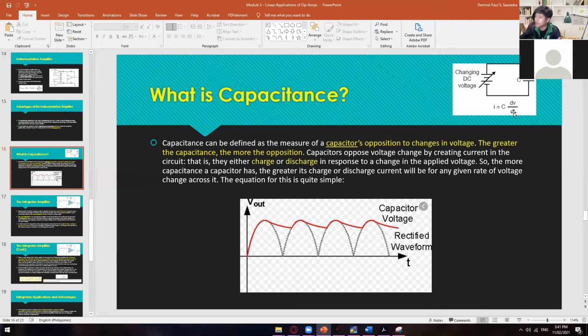So that is why we have here the voltage divided by the time. Anyway, it's just the concept. So if you're confused about the capacitor, imagine this one as your backup battery when there is a loss of current or voltage in your circuit.